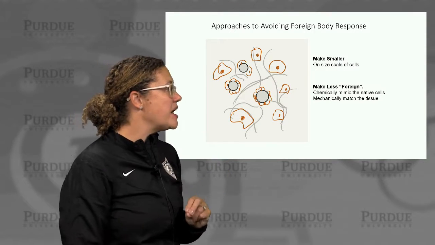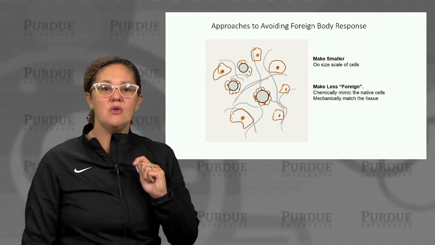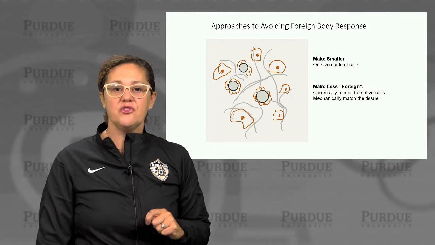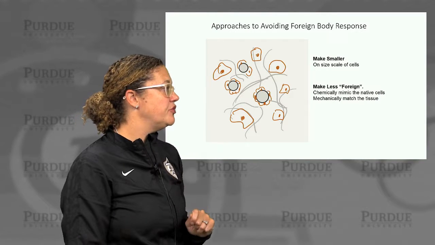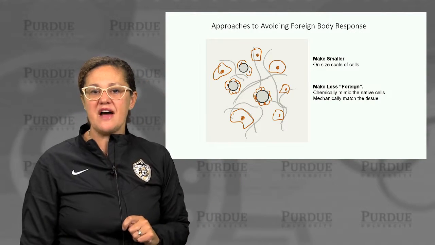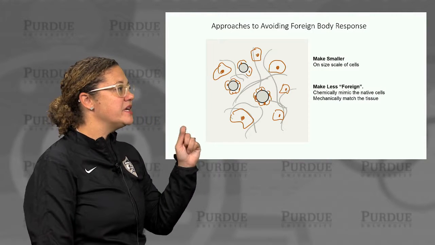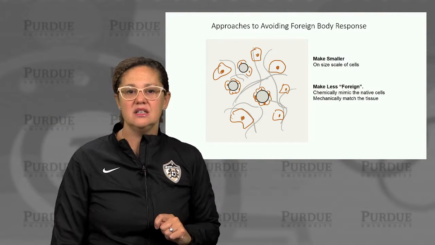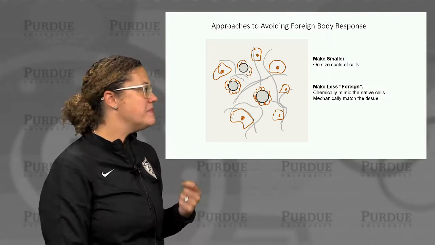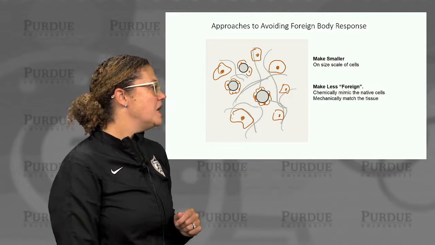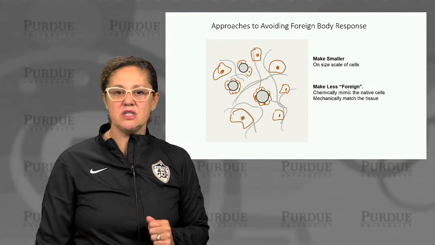There are, I think, two winning and probably most promising approaches to avoiding the foreign body response. It's kind of twofold. One is to make our devices smaller. The smaller we make our devices, if we can make them on the size scale of cells, the much less of an injury impact we have, and they're much more able to mechanically match the tissue.